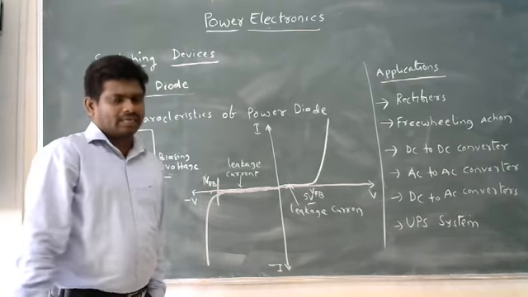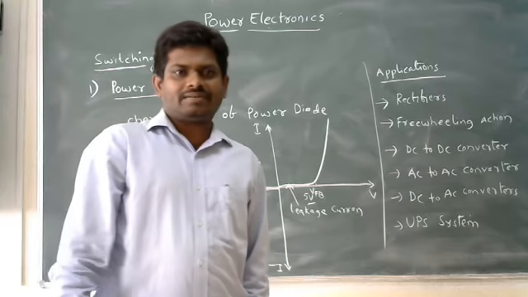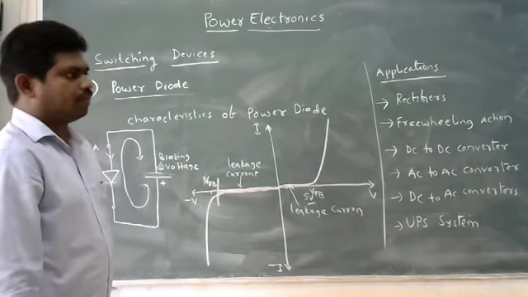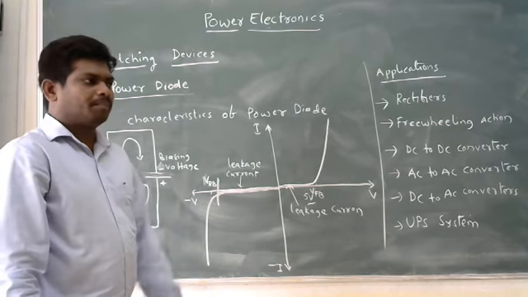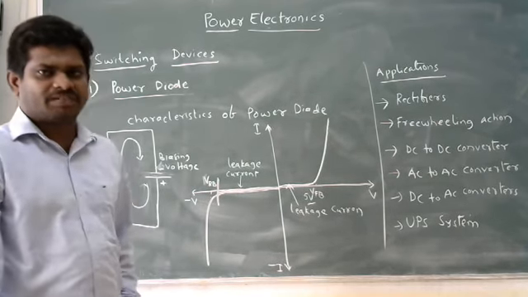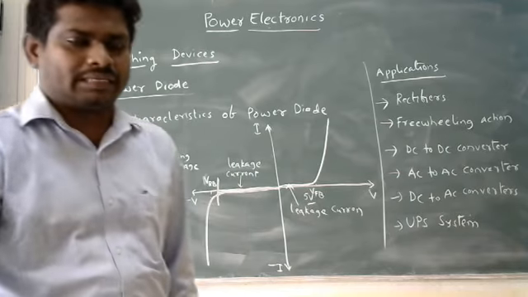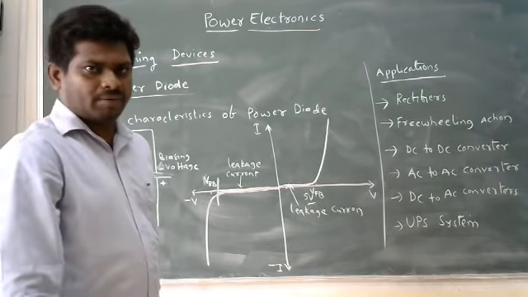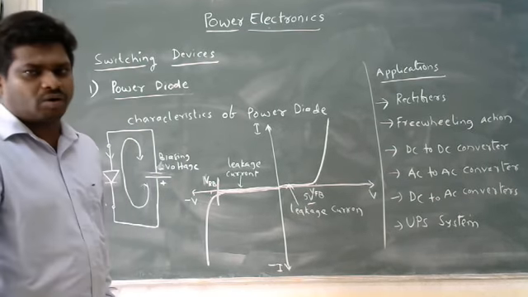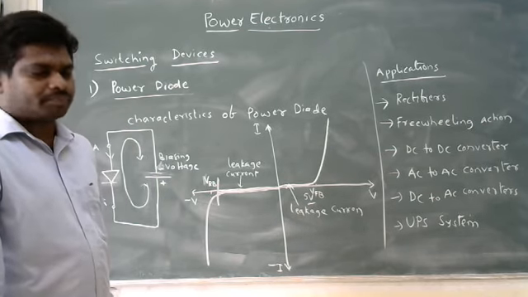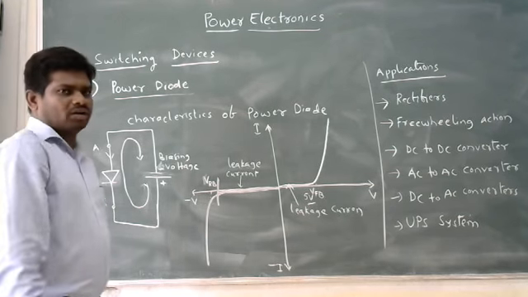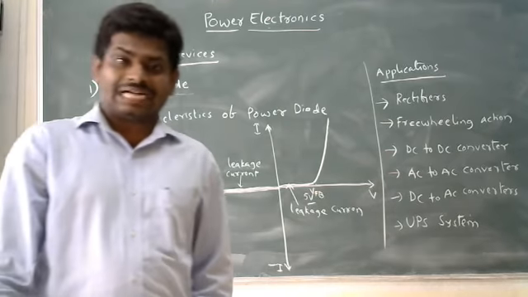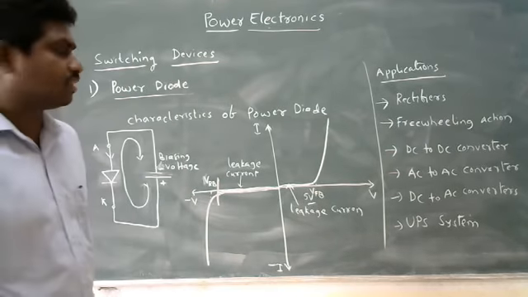After that, I have taken the switching devices: power diode, SCR, power BJT, power MOSFET, power IGBT, GTO, like that. In this video, we have seen the power diode basics, structure, symbol, types of power diodes, characteristics of power diodes, and applications of power diodes.